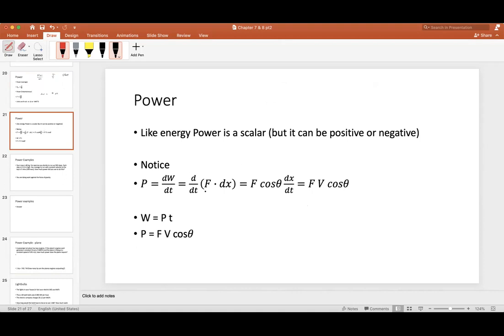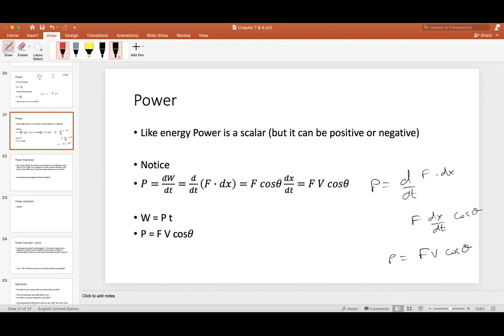If we take the work, the time derivative of the work is the power, F dot dx, right? We can see here that what we get is F dx over dt, and so that's F v. And because this is a dot product, we would get a cosine, so F v cos of the angle between them.